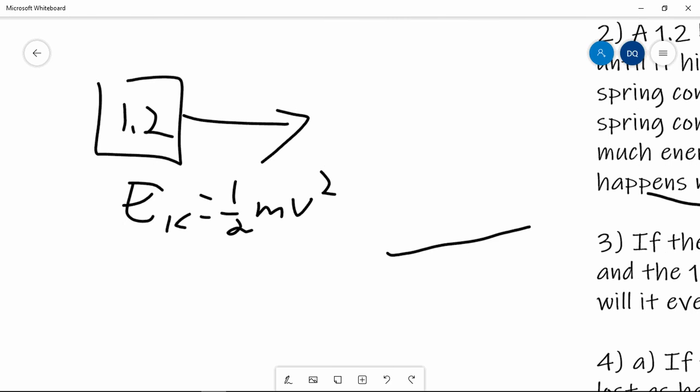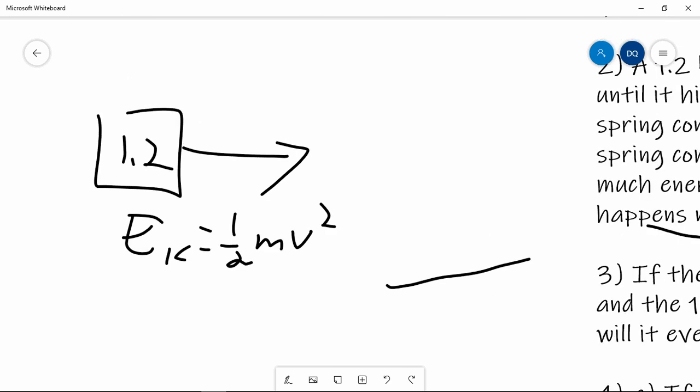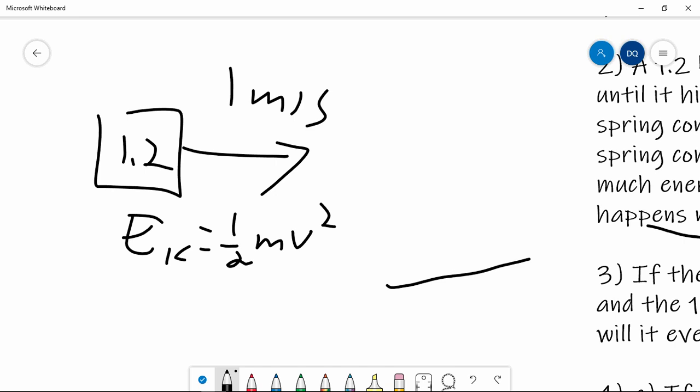Okay, so we've got our 1.2 kilogram block, and it's sliding along at 1 meter per second. So how much energy is in that? I've got 1/2 mv squared. So that's 1/2 of 1.2 times 1 squared. So that's going to be 0.6 joules of energy.